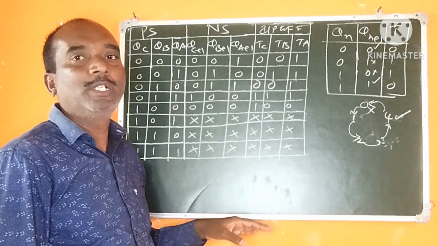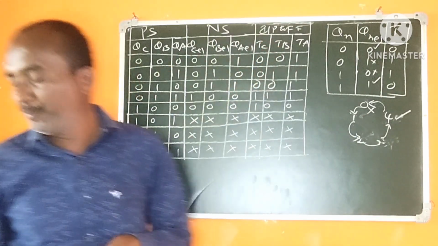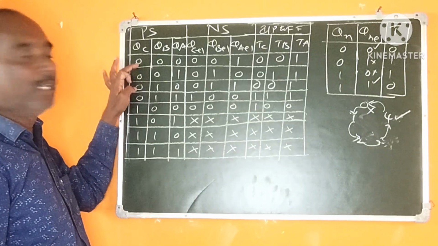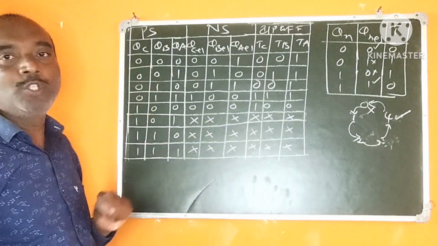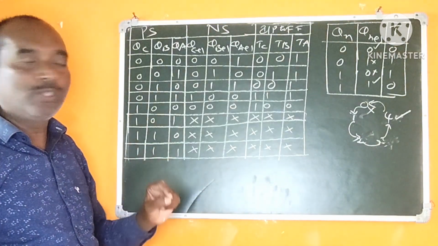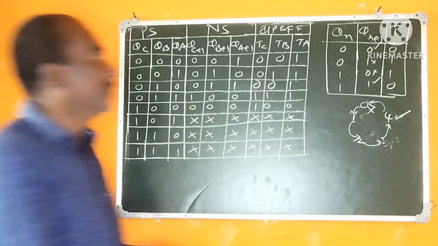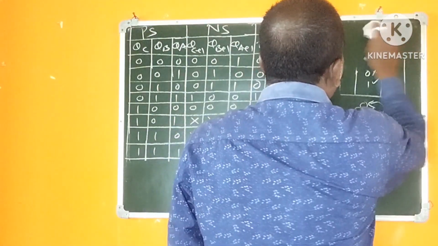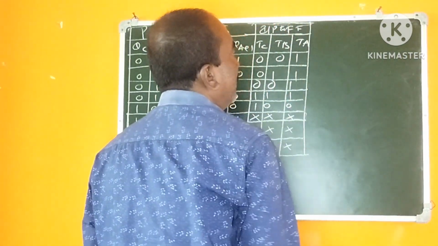It is a 3-bit binary varying from 0 to 7. We know that 2 cube equals 8. An 8-cell K-map is to be used to determine the values of inputs TC, TB and TA. So let me use the 8-cell K-map.